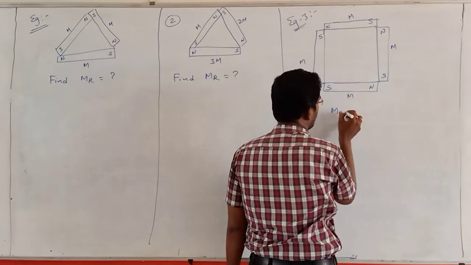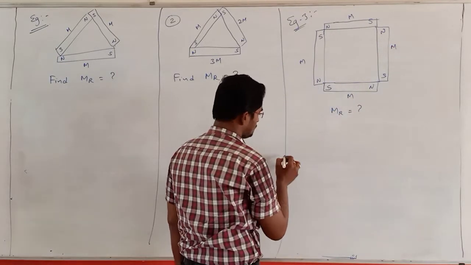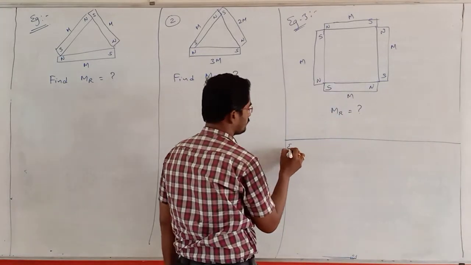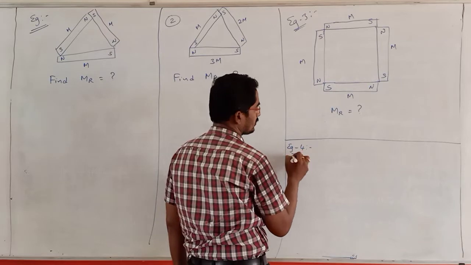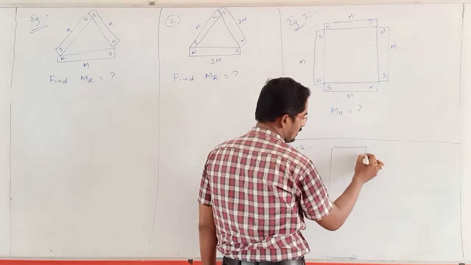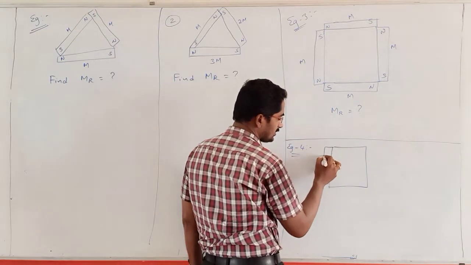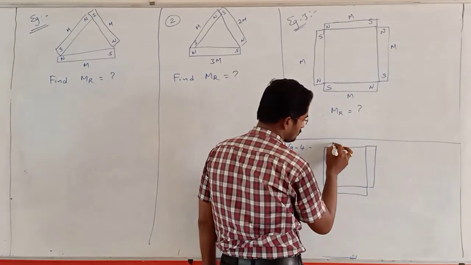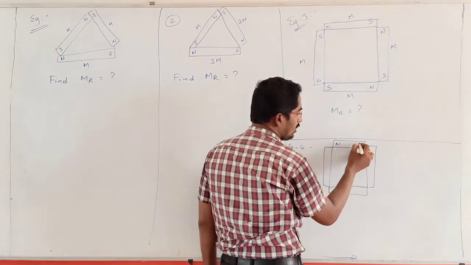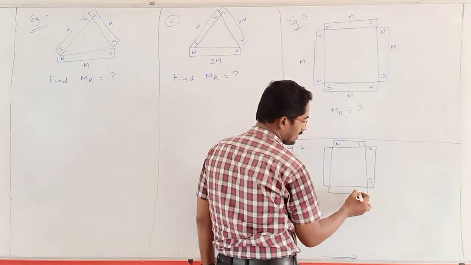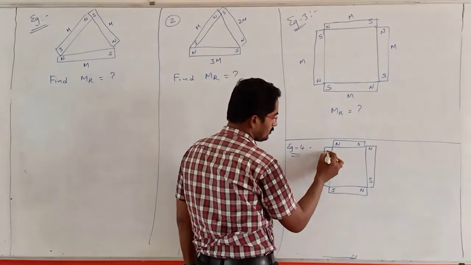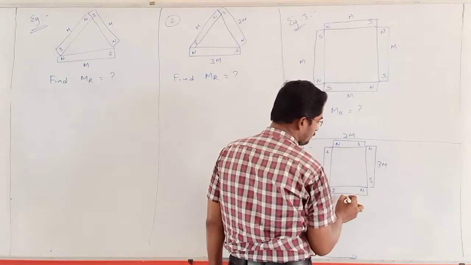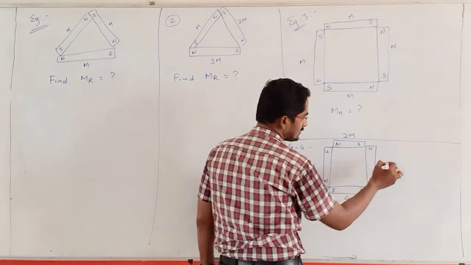Find the resultant magnetic moment. Next, for example 4, same magnets, same arrangement as the square here, unlike poles in contact here, but their moments are M, 2M, 3M, 4M. Find the resultant moment.